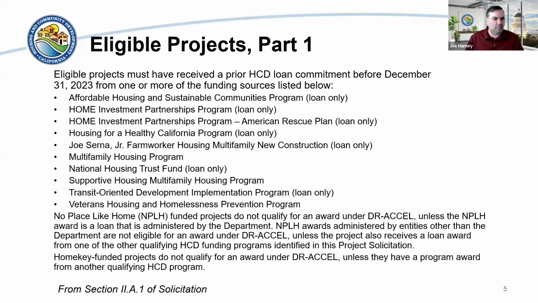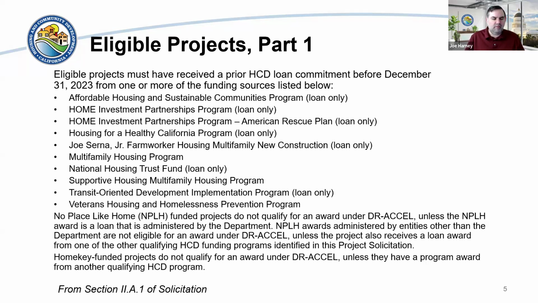The Home Investment Partnership Program, again, a direct loan from the department. All of these will be in the form of a direct loan in order to be eligible. The Home Investment Partnership Program for the American Rescue Plan. The Housing for a Healthy California Program. The Joe Cerna Jr. Farm Worker Housing Multifamily New Construction Program.